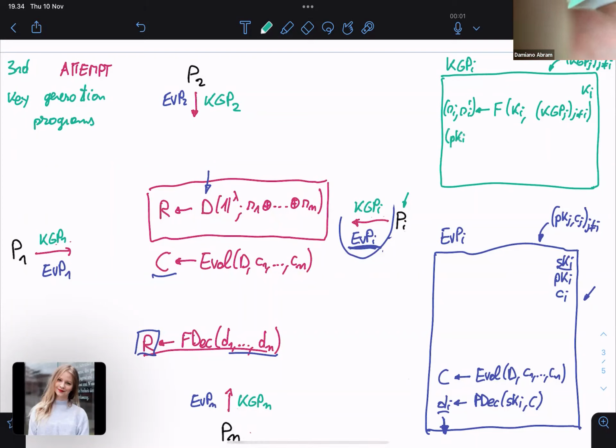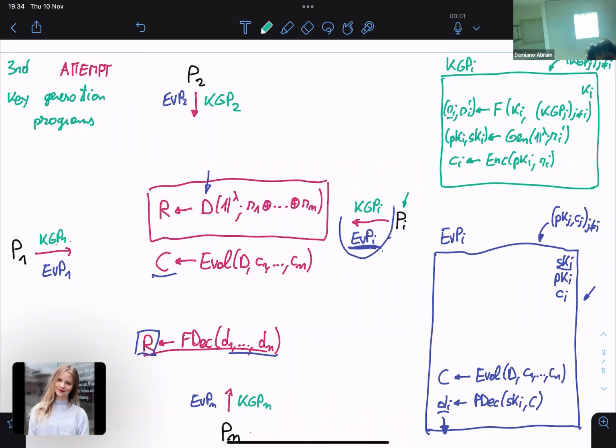So PKi, SKi will be the output of the multi-key FHE key generation on input randomness Ri prime. And finally, the program encrypts Ri, the share of the randomness, under the public key we just produced. Encryption under PKi of Ri. And the output will be the pair PKi, Ci.